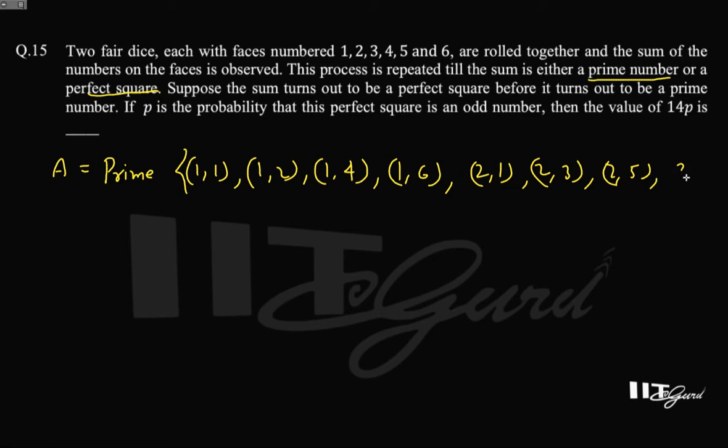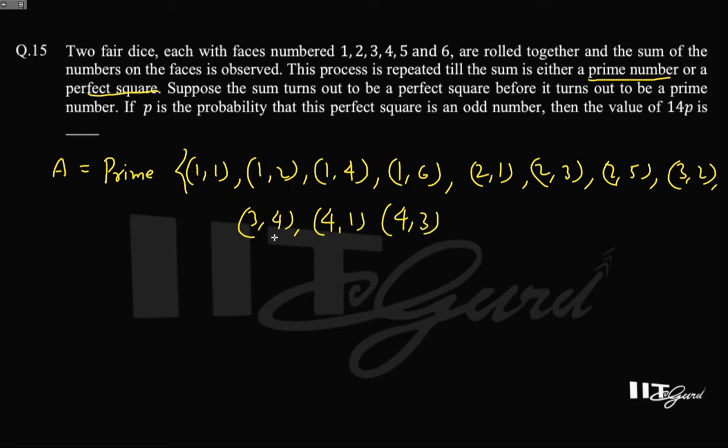Then 2 2, 2 3, yes, 2 3 is there. 2 4, 2 5, okay. 2 6, no. 3 1, 3 2, 3 2 is there, and then after 3 4, fine, 3 4 is also there. Then after 3 5, 3 6. Now from 4 1, yes, 4 1 is there, 1 4 is there. So 4 1 will also be there. 4 2, 4 3, yes, 4 3 is also there.